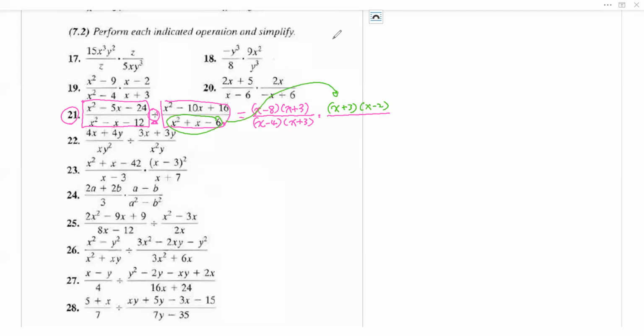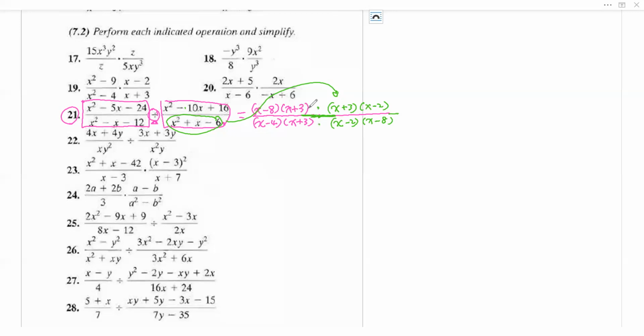Okay. What about this part? The numerator will change into the denominator, right? So this one we can factor as x minus 8, x plus 2, right? All right. So right now we can connect this together, right? Because it's times, they can be done at the same time.